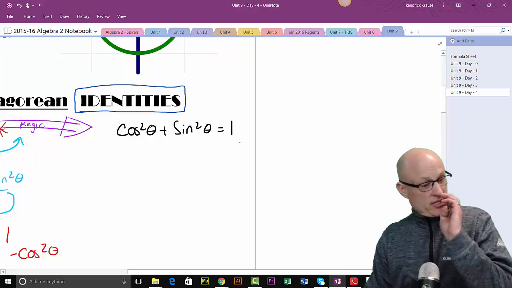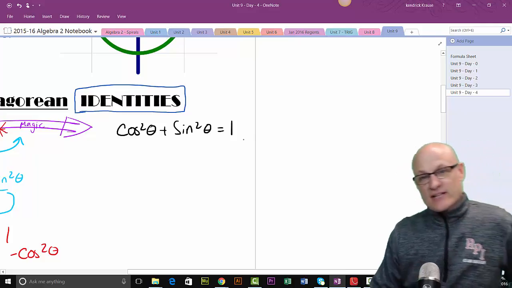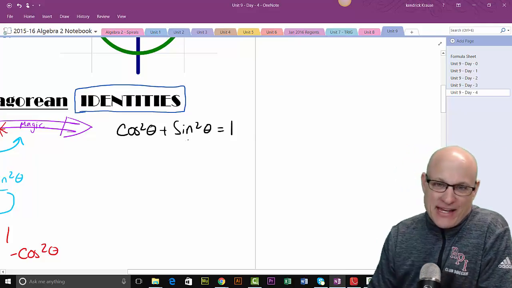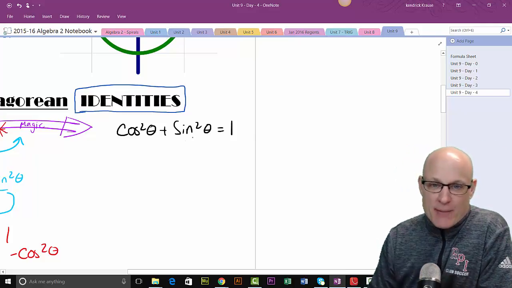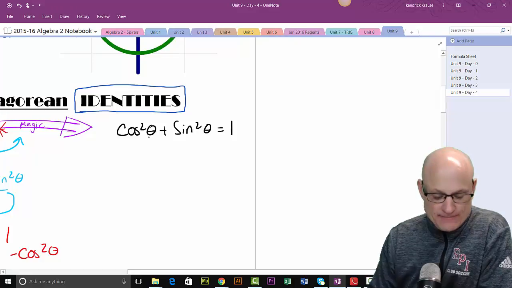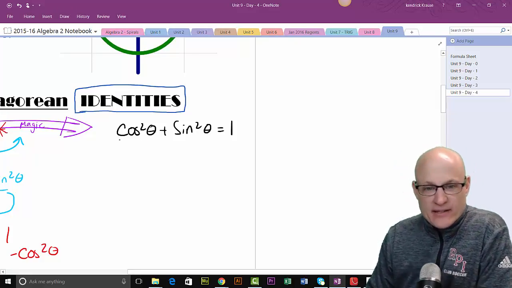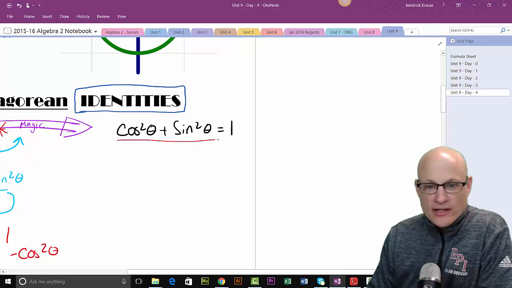Now, would you agree I can multiply or add or divide, as long as I do it by the same thing on each side, I'm okay. So what I'm really going to do here, and you're probably not going to understand why, I'm going to divide this whole side by sine squared theta.